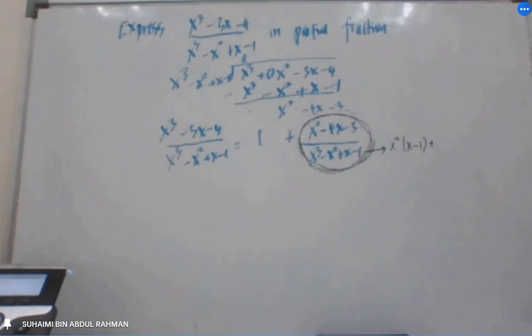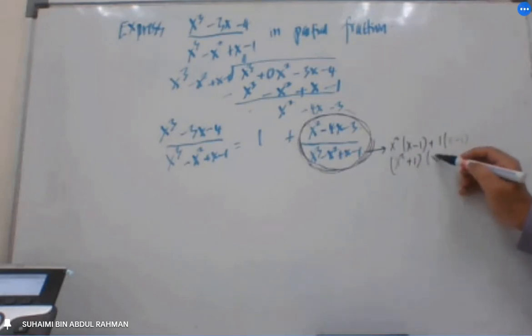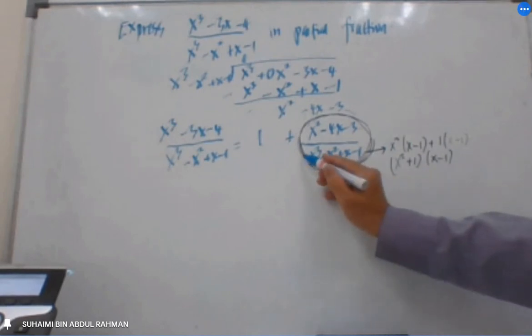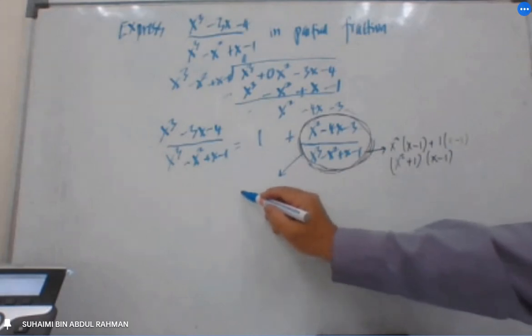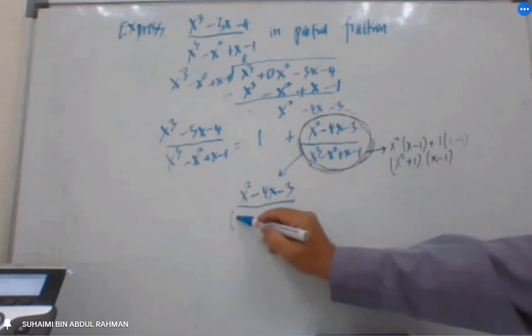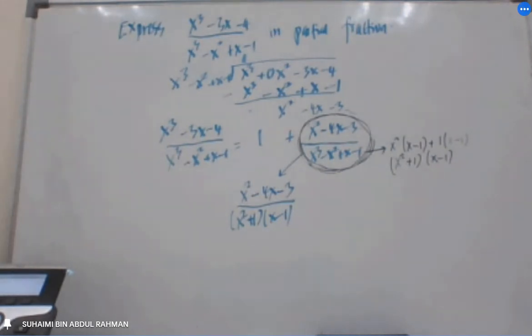You must have a number 1, a common factor x minus 1. So it is x squared plus 1 times x minus 1. So this one can be written as this. We focus on x squared minus 4x minus 3 over x squared plus 1 times x minus 1.